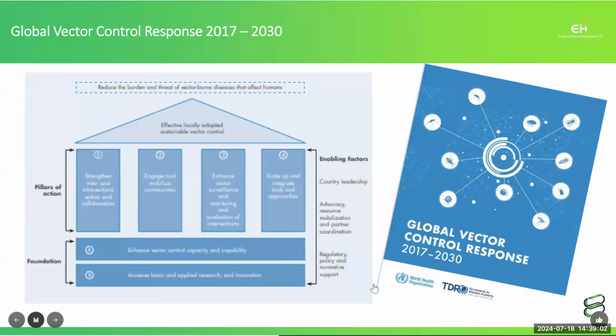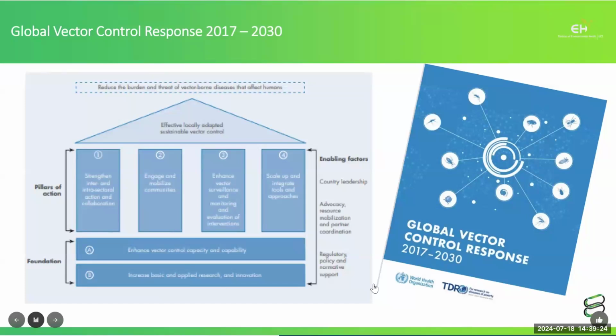And we all know that the goal for this strategy is to reduce the burden and threat of vector-borne diseases that affect humans. But under this, you can see that there are 4 pillars that speak to ensuring that there is intersectoral coordination. There is engagement that I also mentioned in our strategy for the E8.